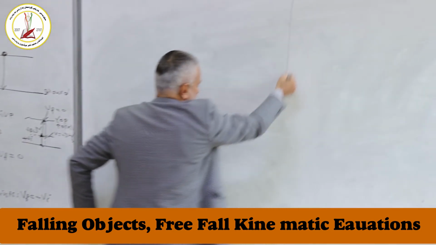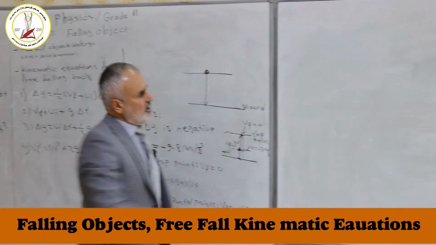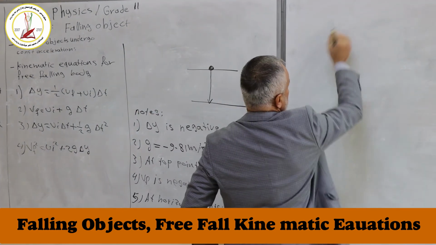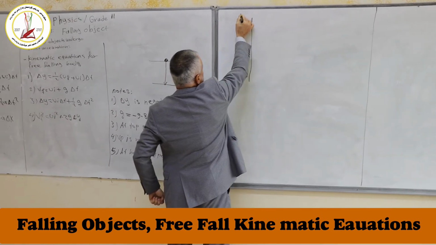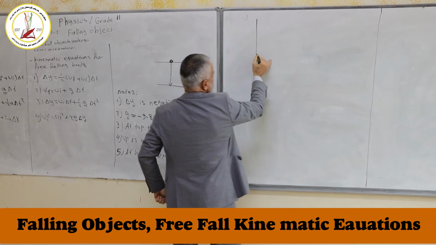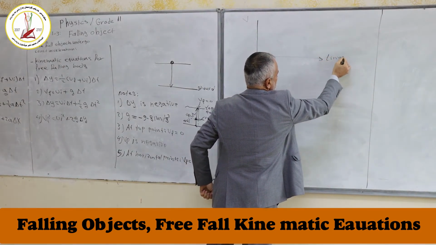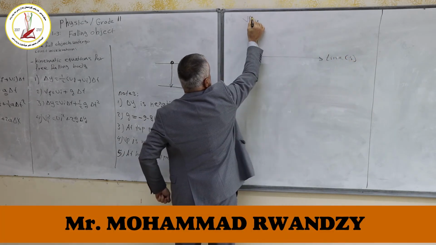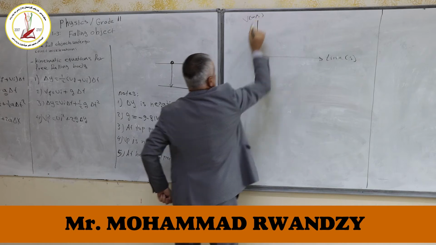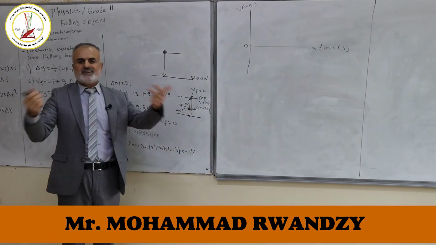To draw the velocity or the motion of the object, the acceleration. For example, student, this axis is for velocity, and this is for t, time in seconds. Velocity is in meters per second. Here we have 0. Now let's explain our case.